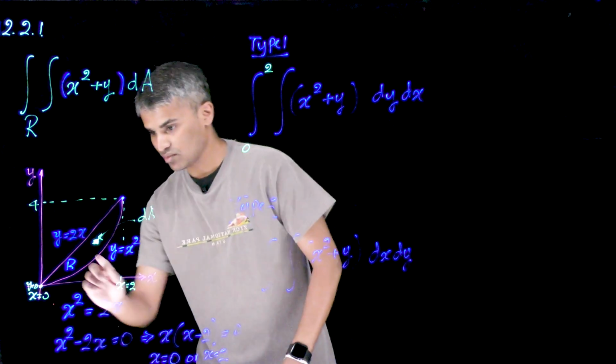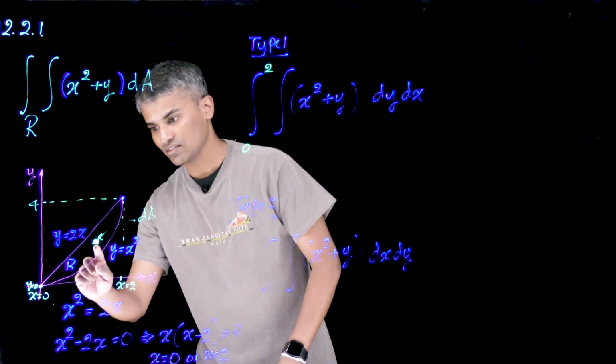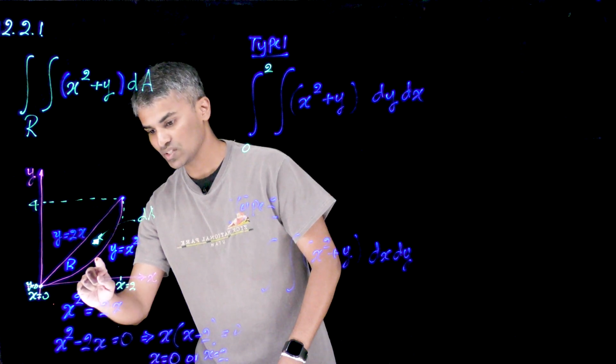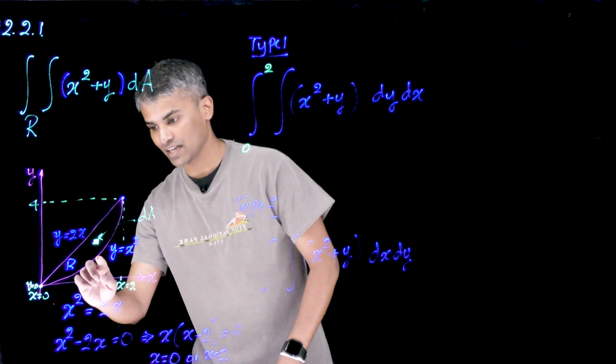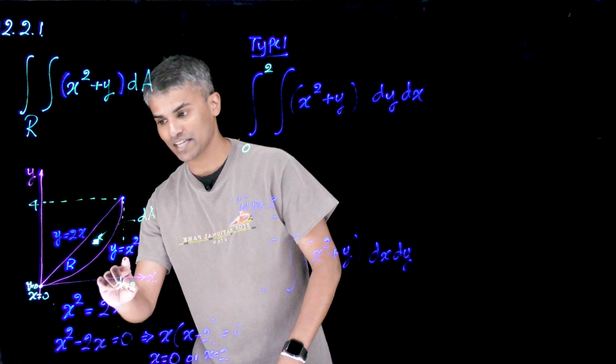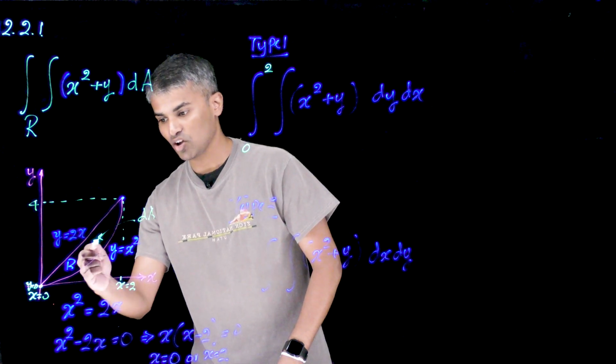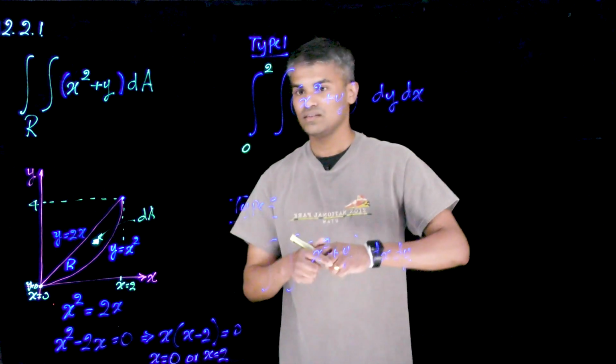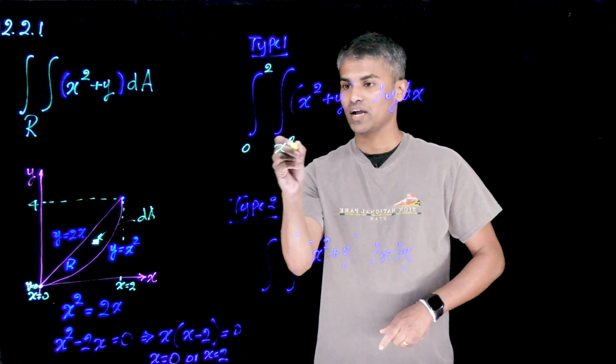Now, what is the lower limit of y? If you think about this element, we can move it up to this height, and this height is given by y equals x squared. In other words, the lower limit of y is x squared.